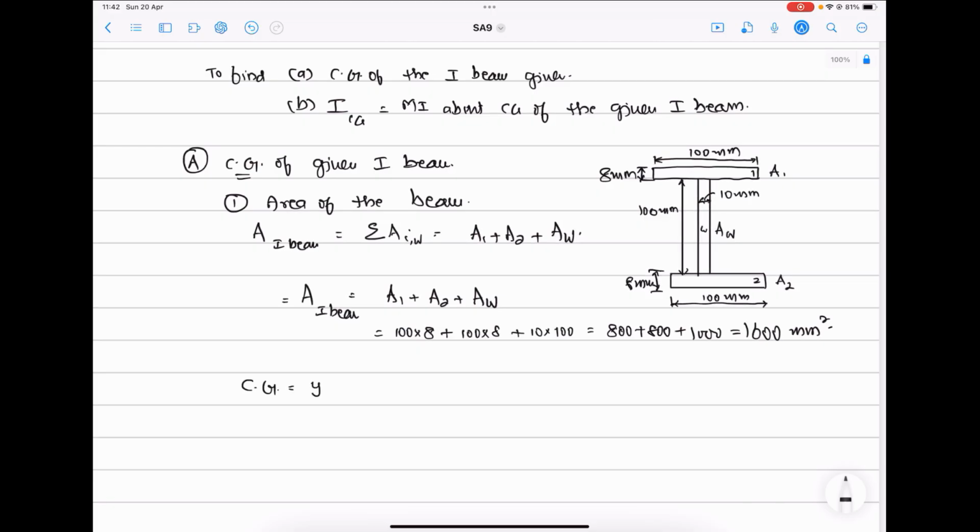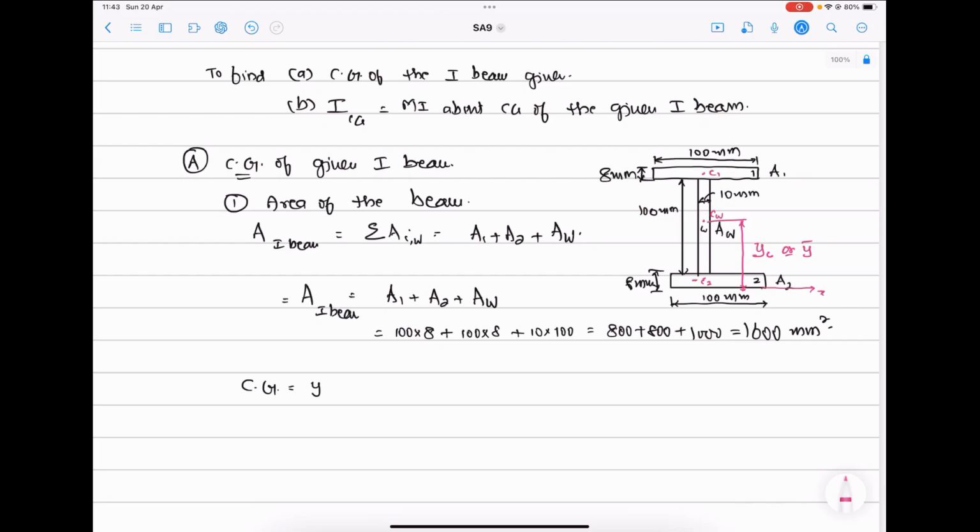that y coordinate, let us say center of gravity is lying here. This is the x-axis, let us say. It is somewhere lying here like this. This is yc or y bar, the center of gravity. And this is the center of gravity of flange 2, this is the center of gravity of flange 1, and this is the center of gravity of the web, and this is also the center of gravity by symmetry.